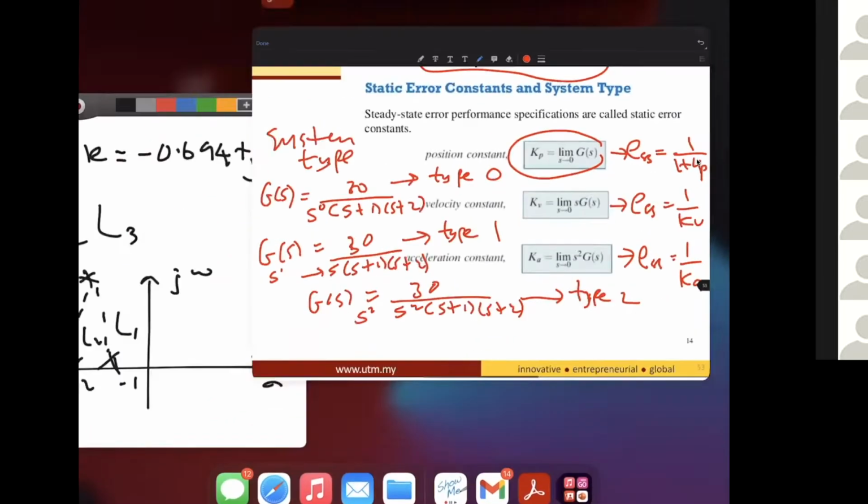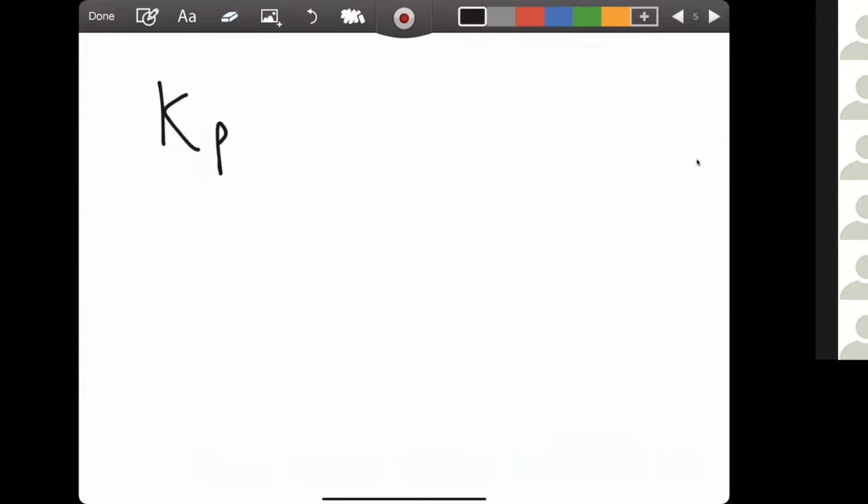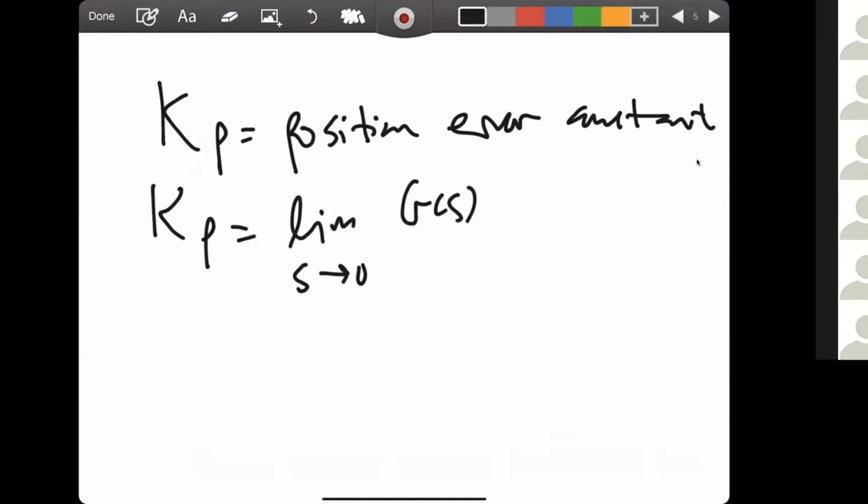Okay. Di KP itu apa? Position error constant. Formula dia adalah limit S to 0 GS. GS tu apa? GS tu adalah open loop transfer function.